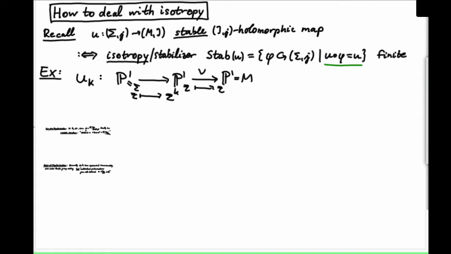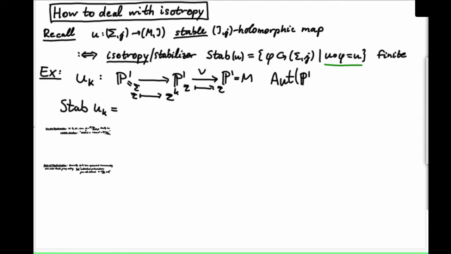And the question is, what is the stabilizer of u_k? Here we also have to decide what group we actually wanted to quotient out by, and I think we usually put one marked point at infinity that we'd like to fix.